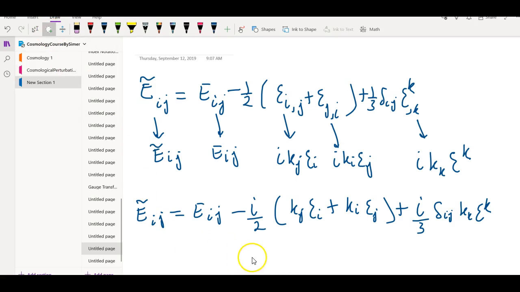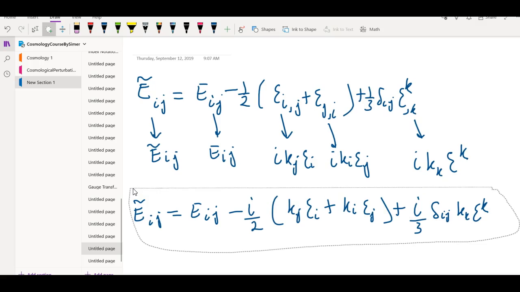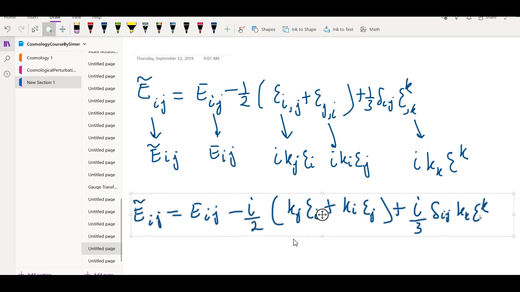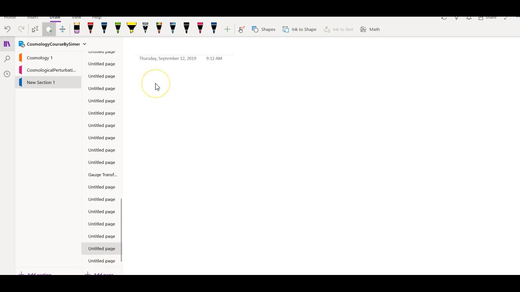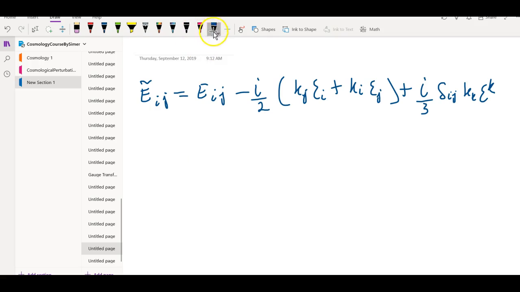Let's see how this transforms. Here k psi 3.